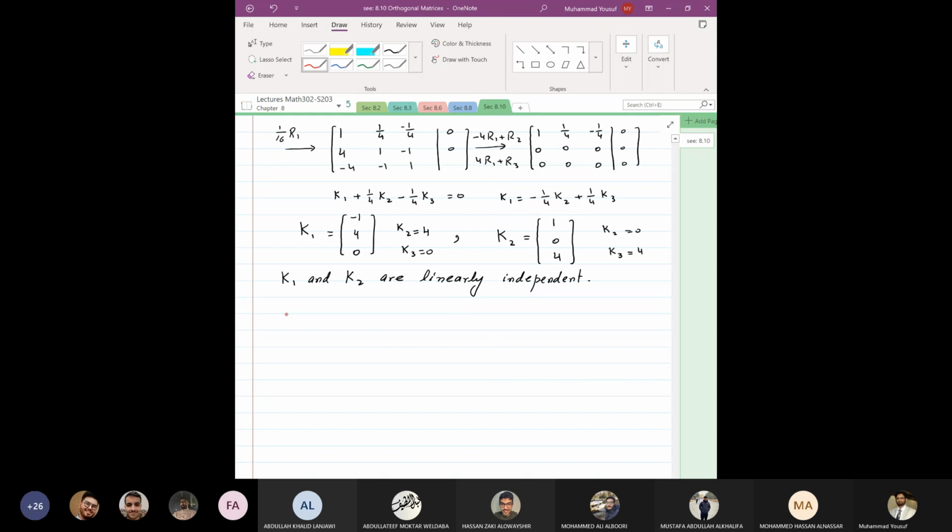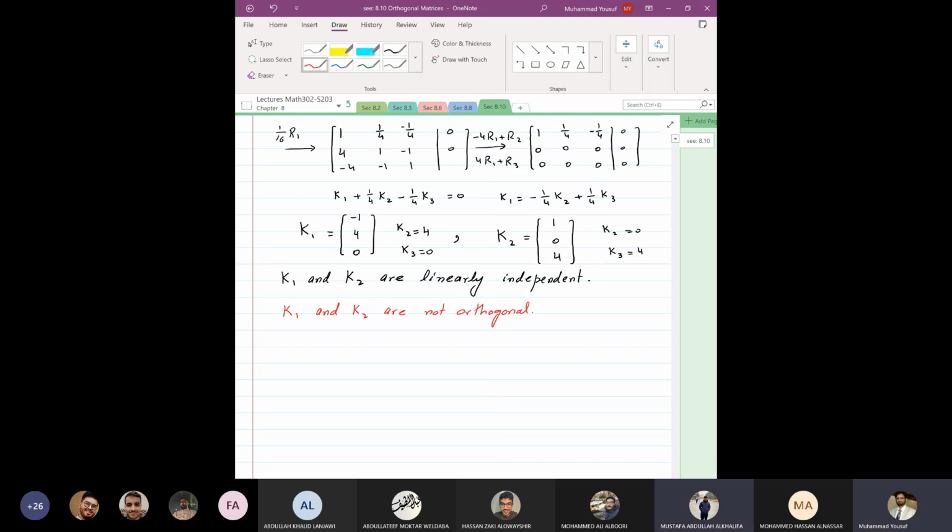These K1 and K2 are not orthogonal. Okay. What do we do now?